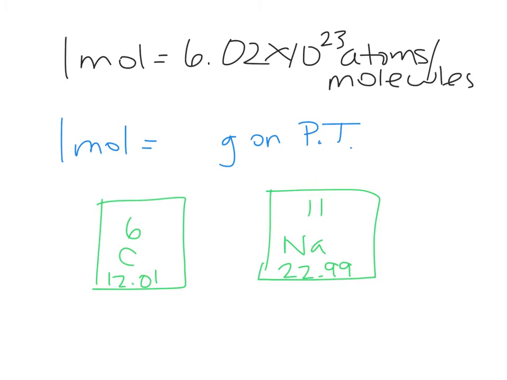There's a second thing that a mole can be equivalent to, and that is the number of grams that you find on the periodic table. Scientists back in the day figured out that if they had an entire mole of a particular element, it was always going to weigh the same particular amount.